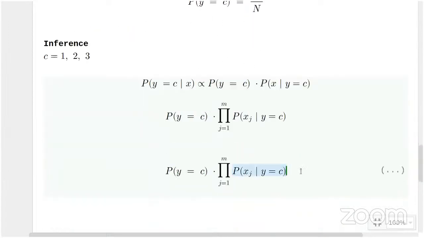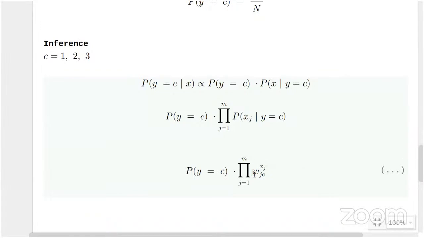I'll replace this by WJC to the power xj, into 1 minus WJC to the power 1 minus xj. So if xj is 1, this is just WJC, the probability of seeing a 1.